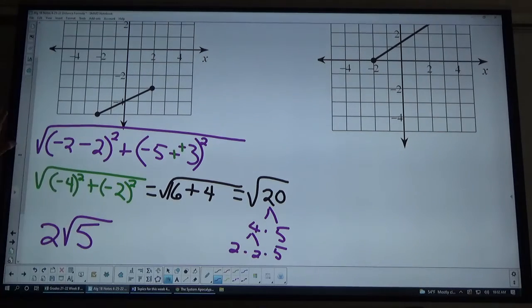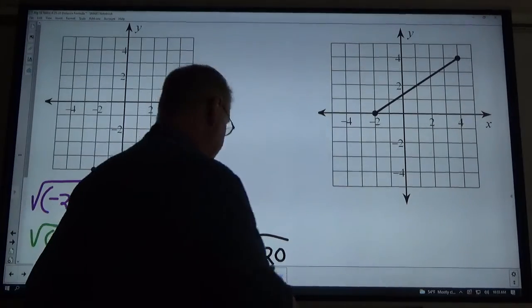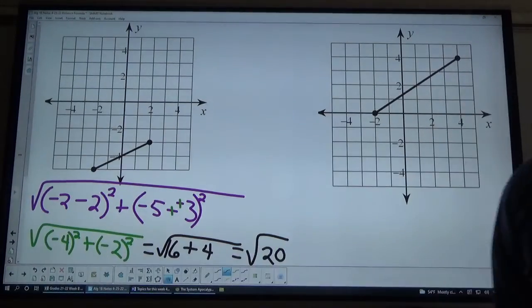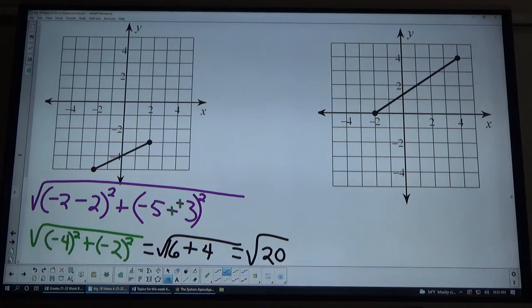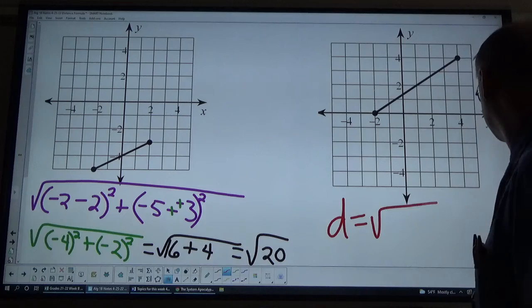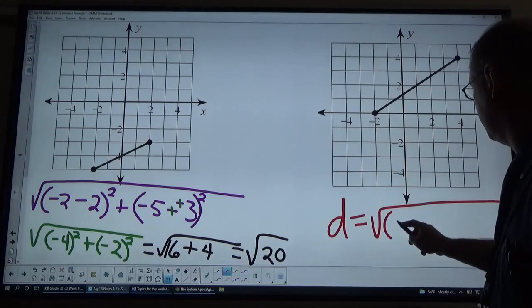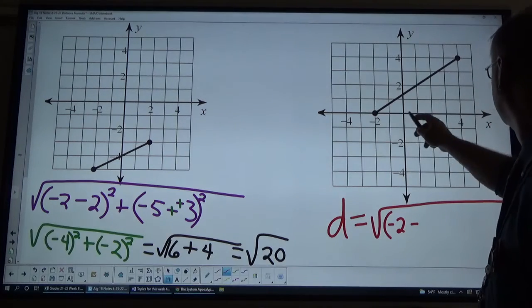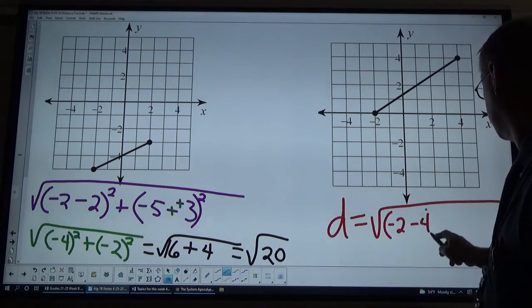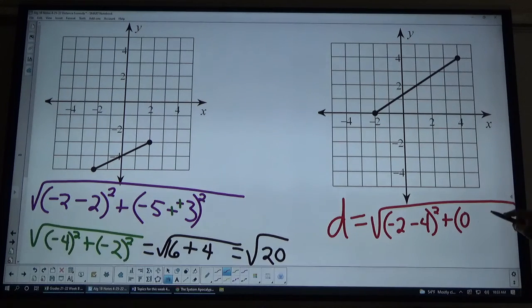Over on the other side, I'll give you a second to write all that down. Maybe pause it. Over here on the other side, give this one a try. Unpause when you're ready. Okay. D equals square root negative 2 minus positive 4, 0 minus 4.